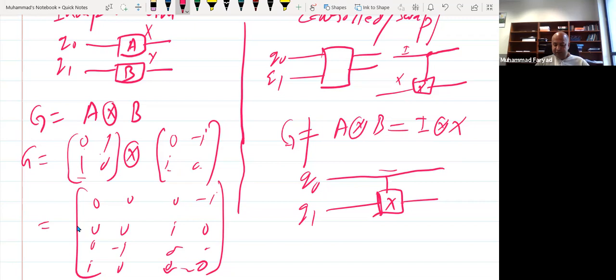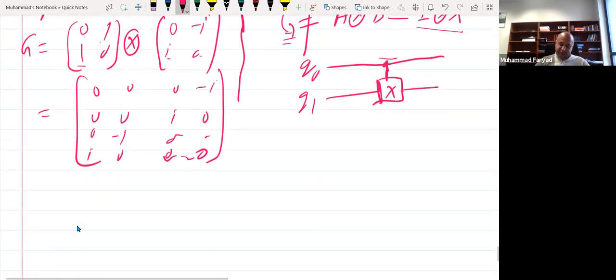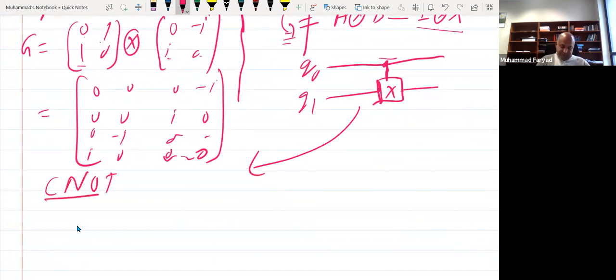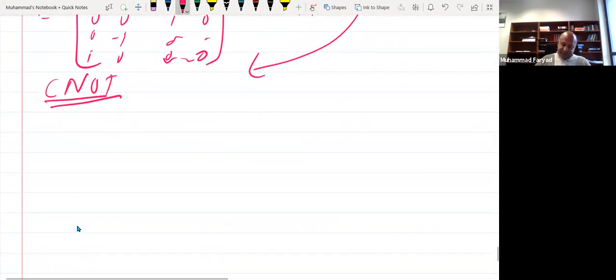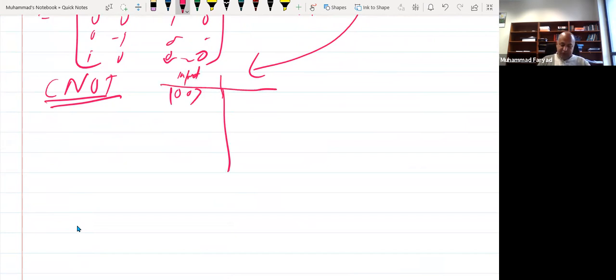But when it is a controlled X operation, then I cannot get the matrix form from here. For that, I will have to go to the truth table. For example, for the CNOT gate, the truth table is like this: I want a system that transforms the input to the output.